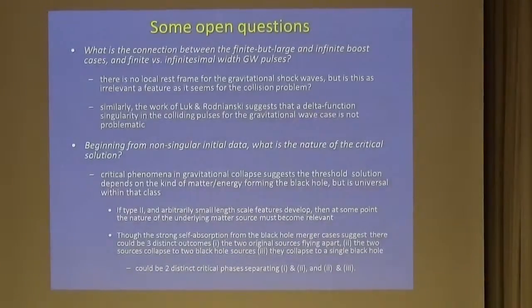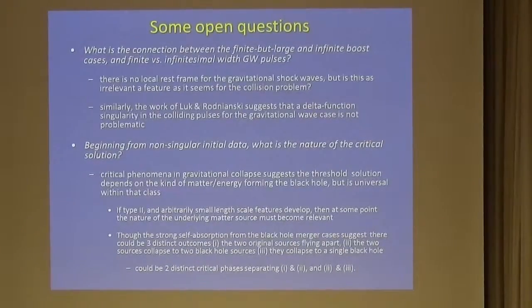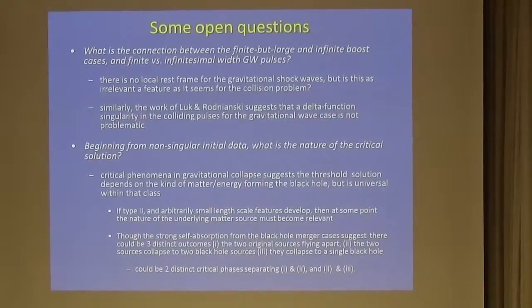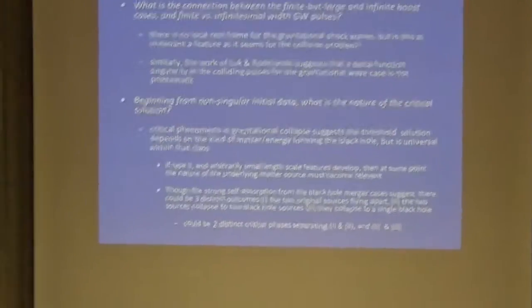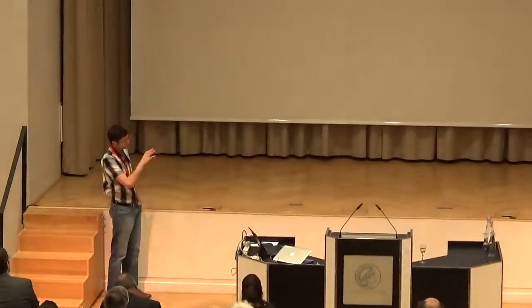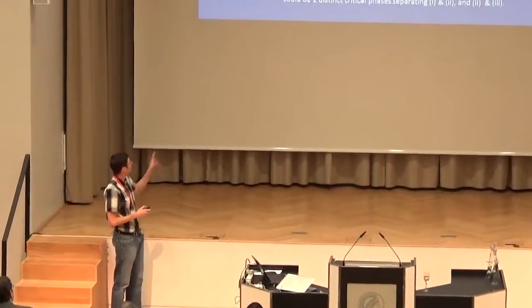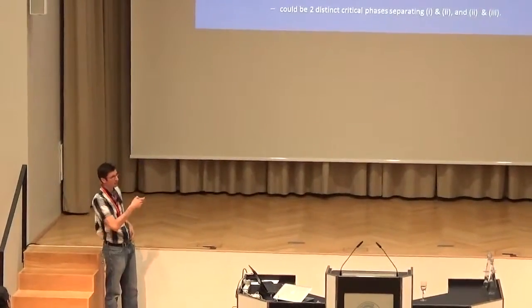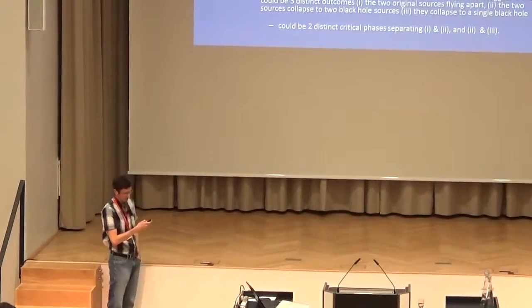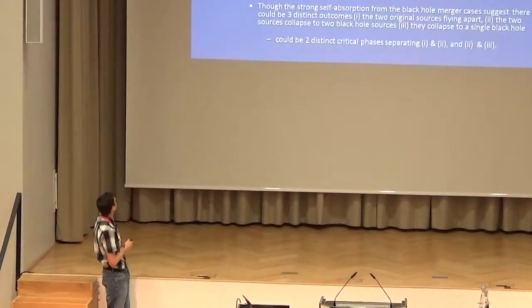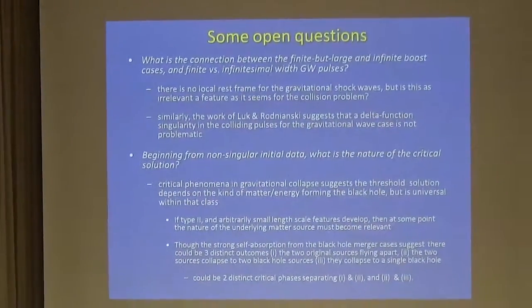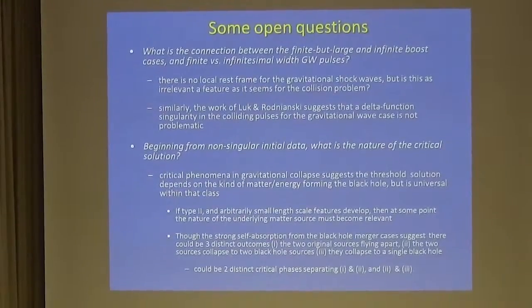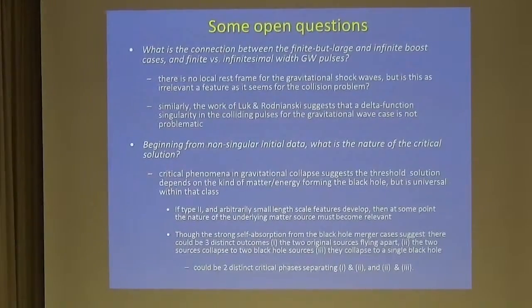Okay, so in the last few minutes, I just want to finish up with some open questions. I've raised a few questions within this discussion of the ultra-relativistic limit, but I wanted to make some connection to other areas of strong field physics in the last couple of slides. So one question: as I mentioned before, the first of these calculations was by Penrose, when he took the infinite boost limit.